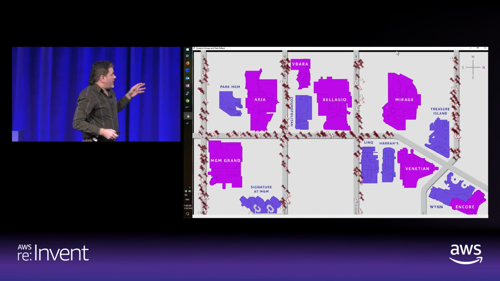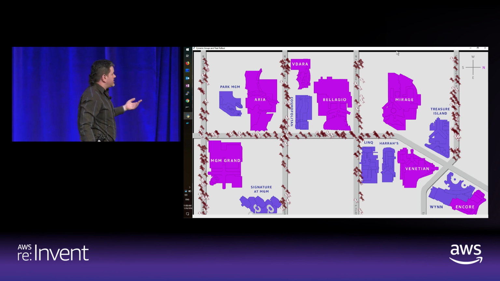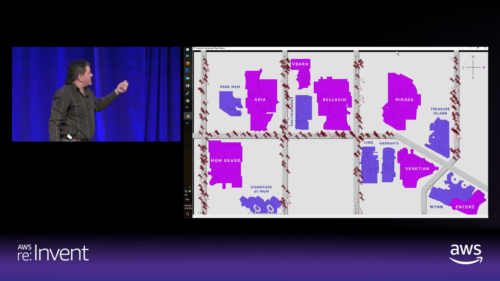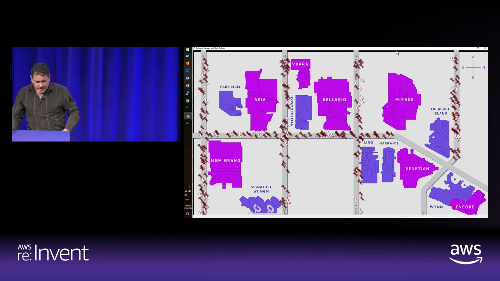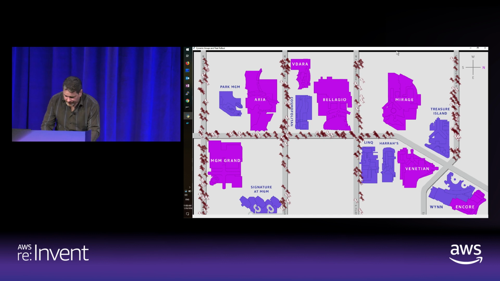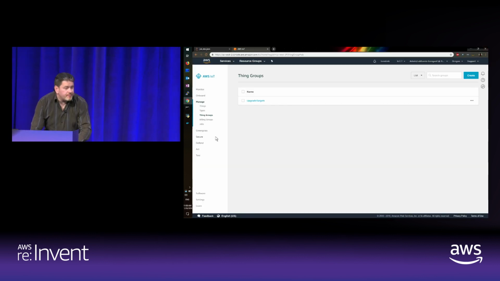So here is a map where we have some of these horses. Dark horses are disconnected ones, and some of them are currently connected. And we will see how they turn into unicorns now. So let me get to the console. I already pre-created a dynamic thing group that contains the update targets for our job.